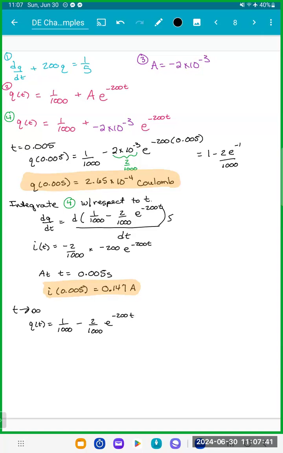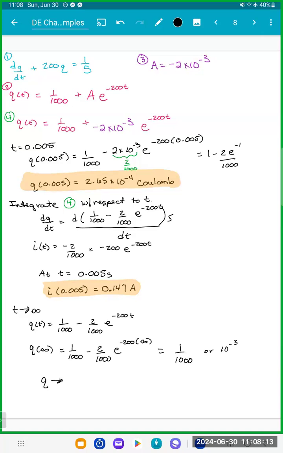Okay. So when we're looking at this as t approaches infinity, that's going to be 1 over 1,000 minus 2 over 1,000 times e to the negative 200 times infinity. So e to the negative infinity basically is what that's looking at. That's going to leave us with just 1 over 1,000, or you could write that as 10 to the negative 3.